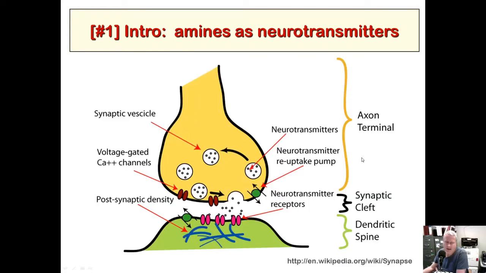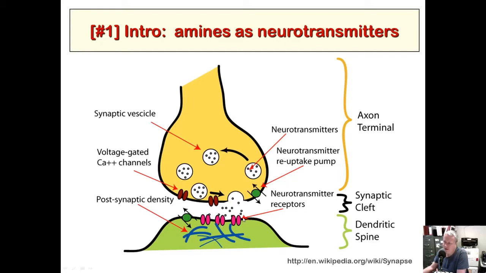Now, just as a general guideline for how neurotransmitters work, specifically things like serotonin, the neurotransmitters are packed into vesicles in an axon, and they get released into a synaptic cleft, which is just a little space between the axon and the dendrite.